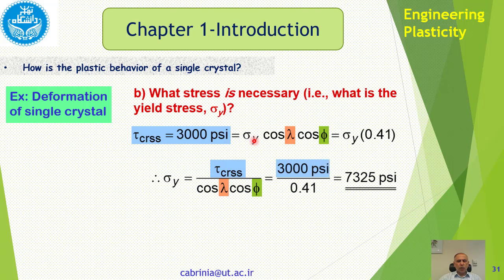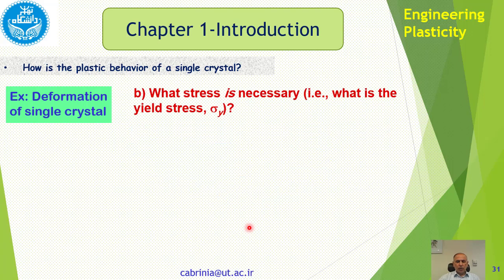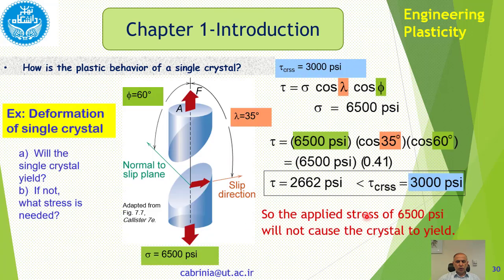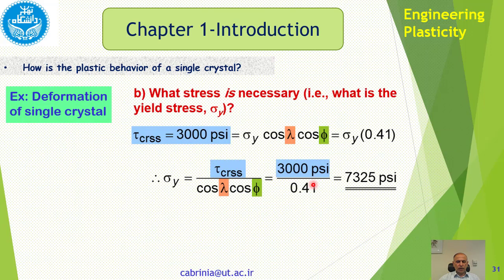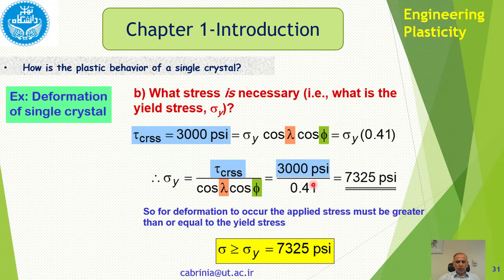And then sigma y is calculated as 7325 psi, which is much more than the value which we obtained before. Okay, it was 2662. We need 7325 psi for the yield to occur.